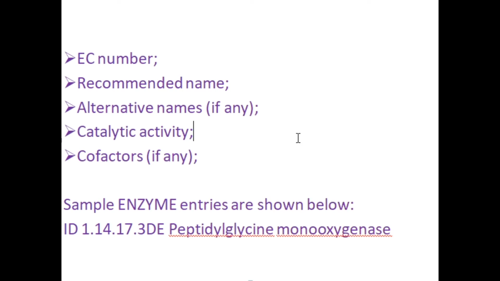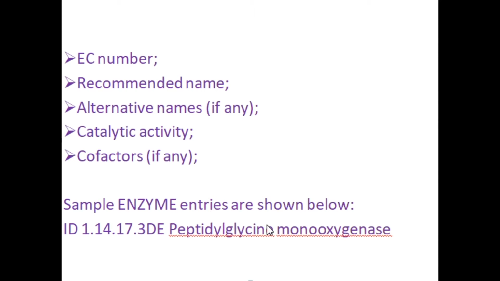First of all, when we are talking about the enzyme database, these are the factors present along with the enzyme data. First, the EC number, the enzyme commission number. Second, the recommended name. Third, alternative names.